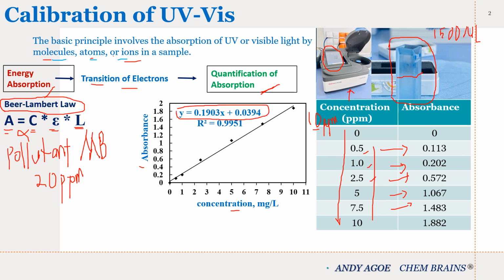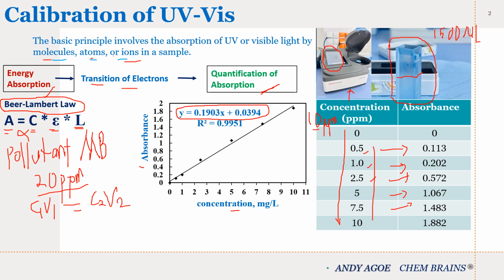Very good. Now let's assume that we are to treat 20 ppm of methylene blue dye. To treat this 20 ppm of methylene blue, we cannot measure it directly here. So what we need to do is find what volume we can pick from the stock solution. Okay, so we can use the formula C1V1 equals C2V2.